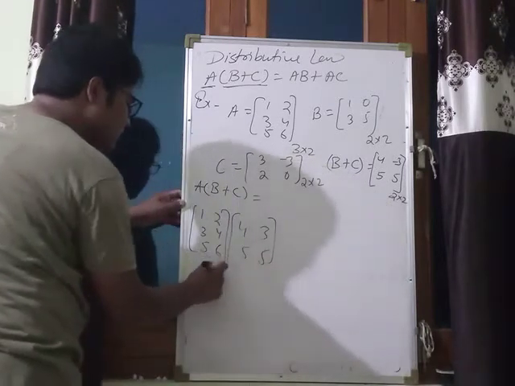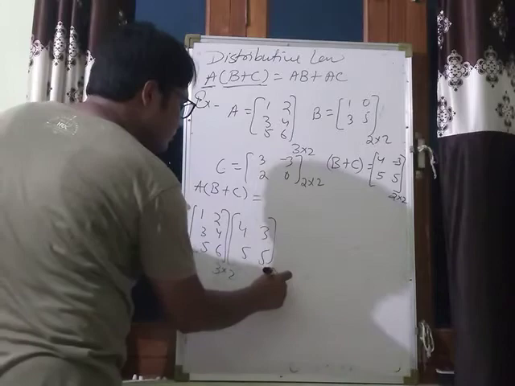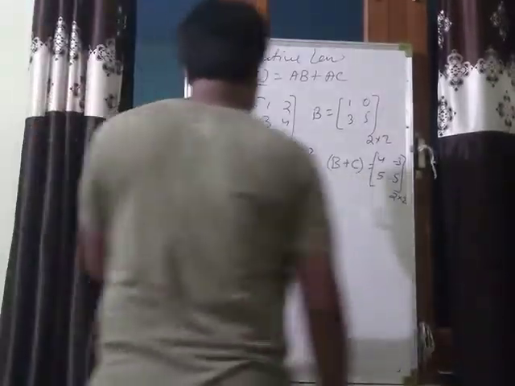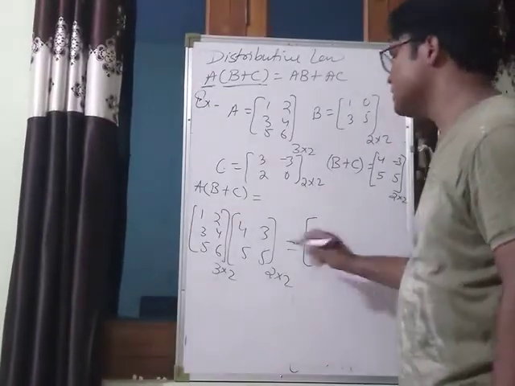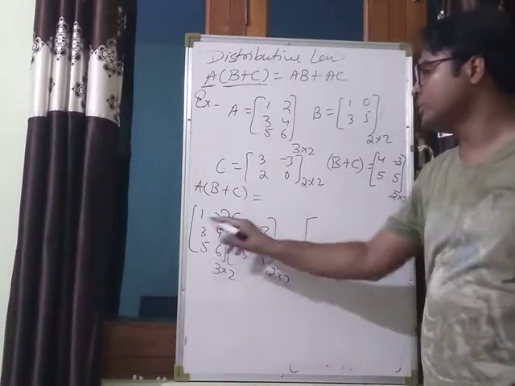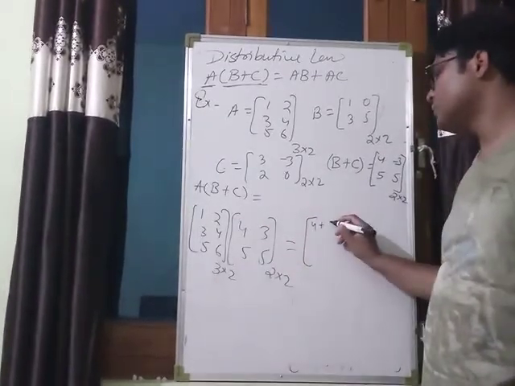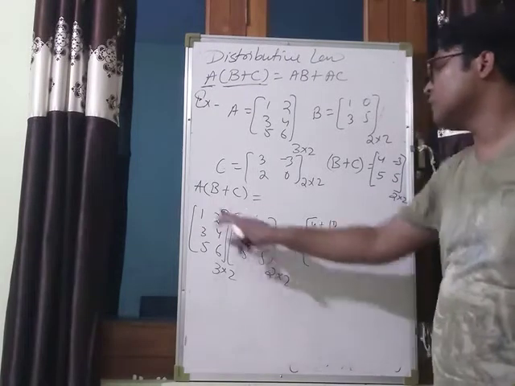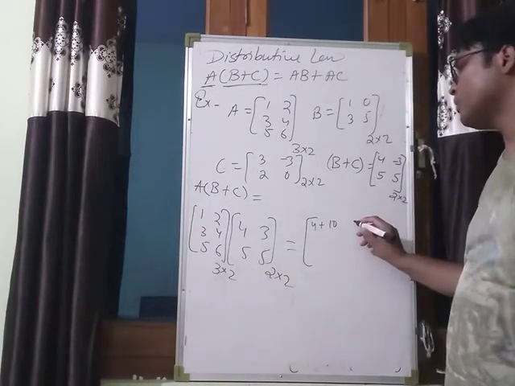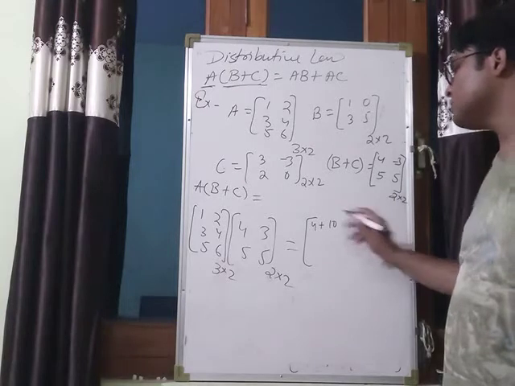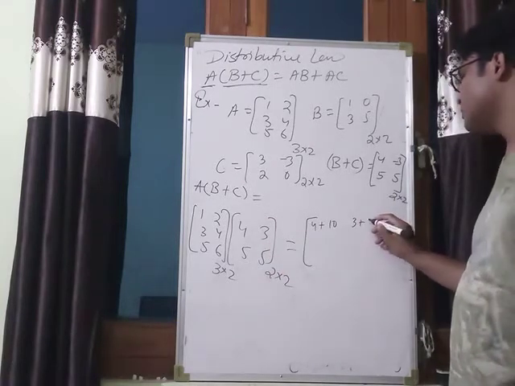This is of order 3 by 2 and this is of order 2 by 2. Clearly A into B plus C holds, and that is equal to, first row first column, 1 into 4, 4 plus 2 into 5, 10. First row second column, 1 into 3, 3 plus 2 into 5, 10.